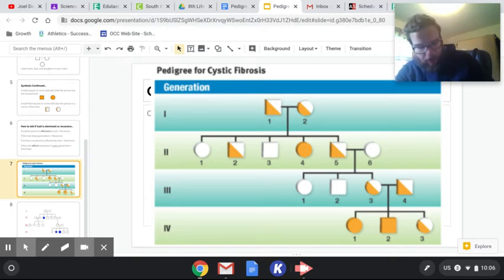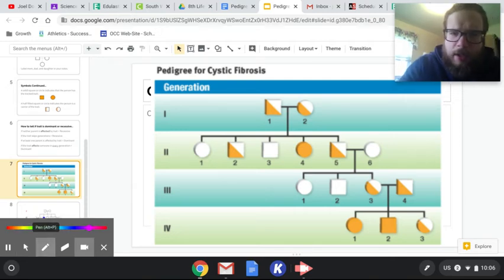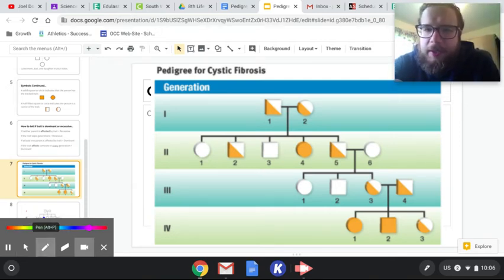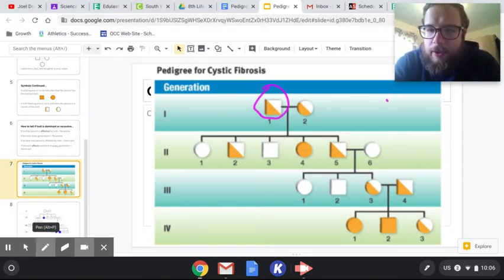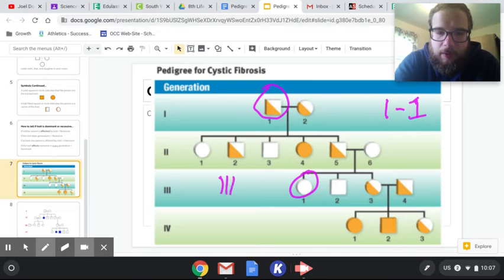So if I want to talk about a particular person, I would write it like this. Let's say I want to talk about this person right here. I would say they are generation 1, and then you put -1. That's how you indicate what person you're talking about. Then I could do this female right here. She would be generation 3-1.